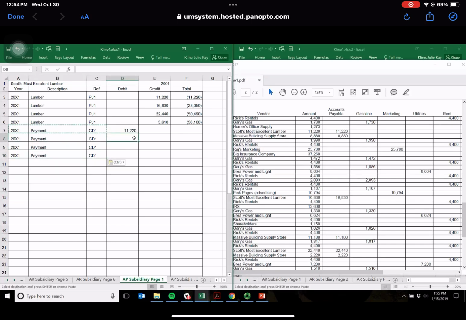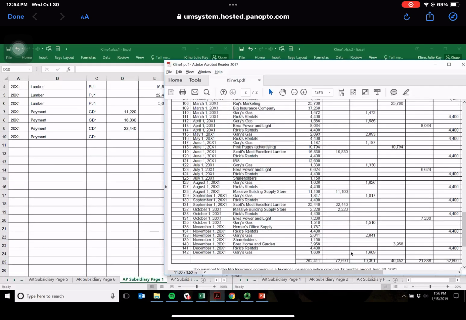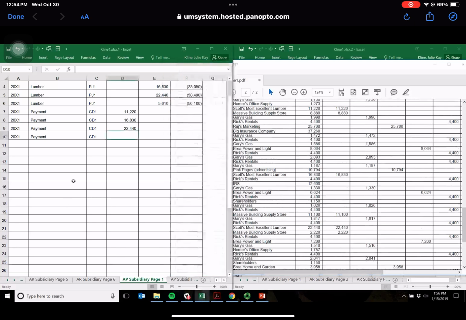So here I come down to my next payment to Scott, 16,830. My next payment to Scott here is 22,440. And then let's see, did I pay it off? Nope, that's it. I only made 3 payments to Scott, which means I owe him at the end of the year, I still owe him $56.10.